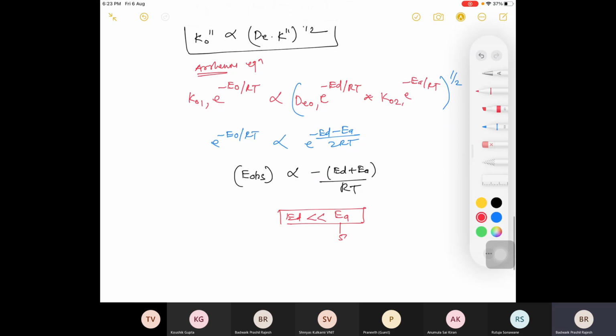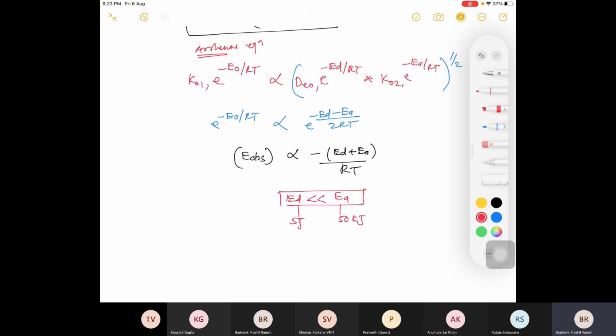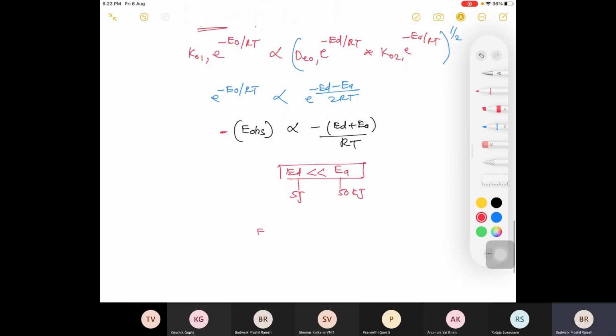Suppose this is 50 kilojoules, then it is around 5 kilojoules, or maybe lower than that, 5 joules you can say. So you will have this relation as the minus sign is here.